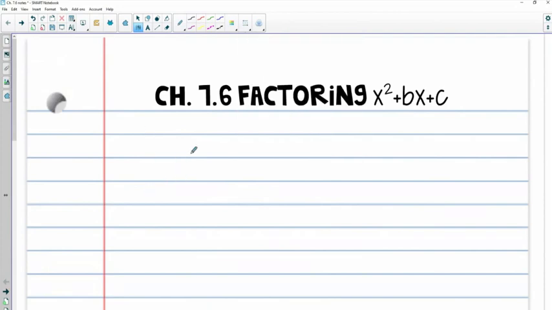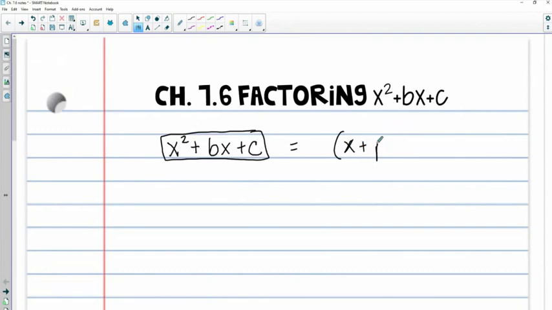The original polynomial is x squared plus bx plus c, okay, where b and c are going to be substituted with numbers, right? Now, we want this to end up being the answer x plus p times x plus q, where p and q are going to be substituted with numbers, okay?